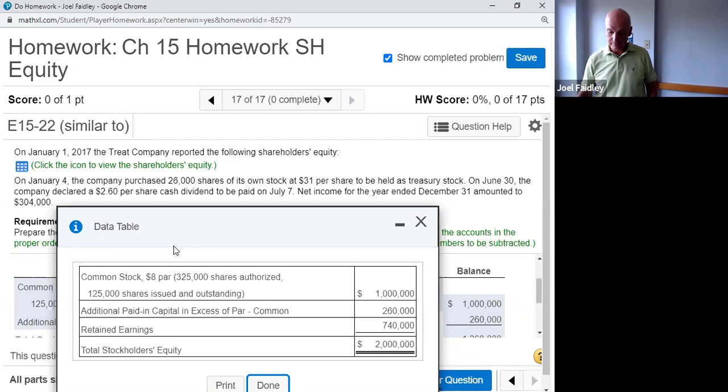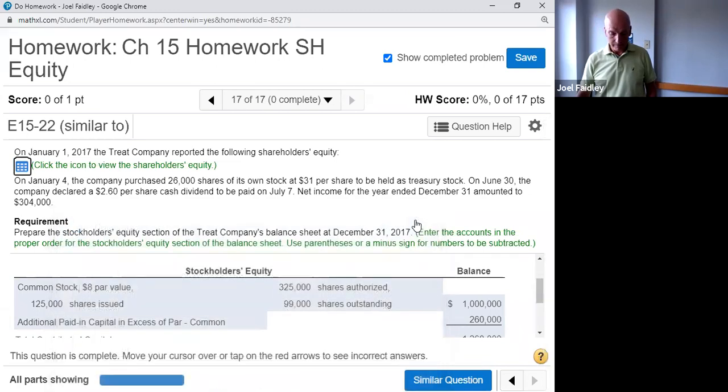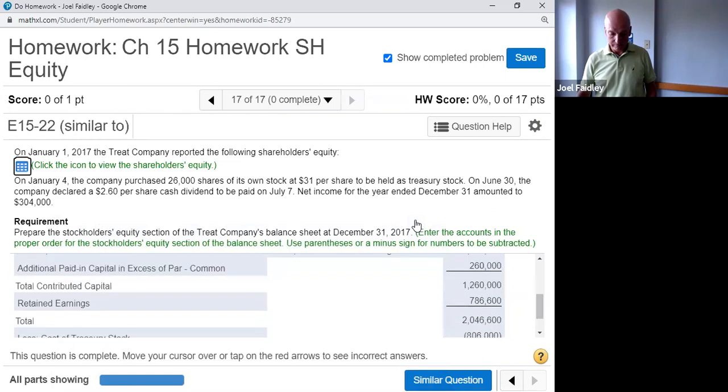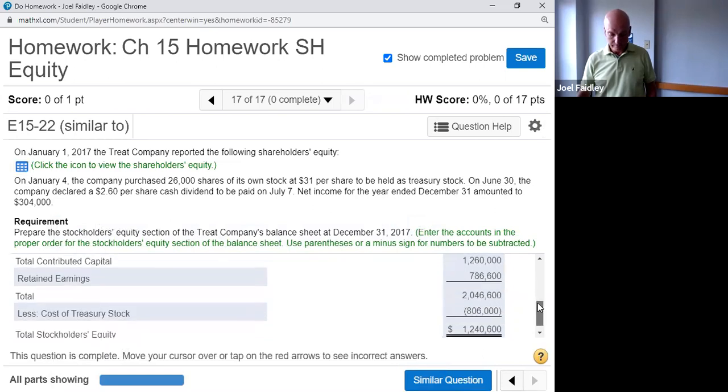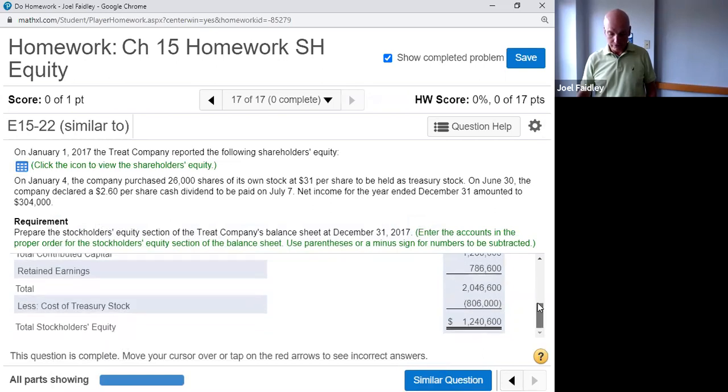See right there? Retained earnings, you start with 740, credit balance, and then work through this. Buying back its own stock, right? You've got to keep up your treasury stock. Maybe there may not be any treasury stock at the end. No, there is. There is treasury stock at the end. There you see it.